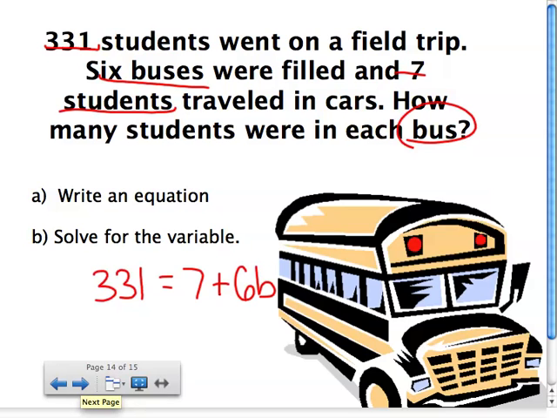right, for the rest of the students. Okay, so B would be the number of students per bus. All right, so here, this is our coefficient, variable, addend.